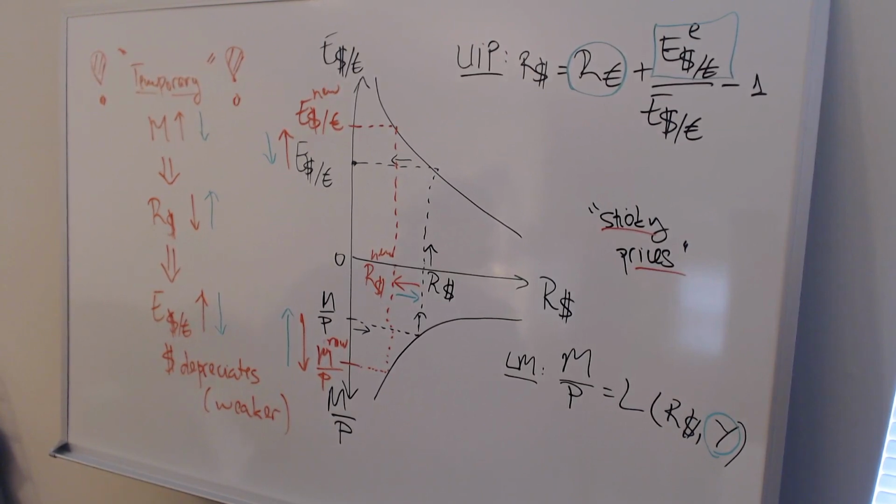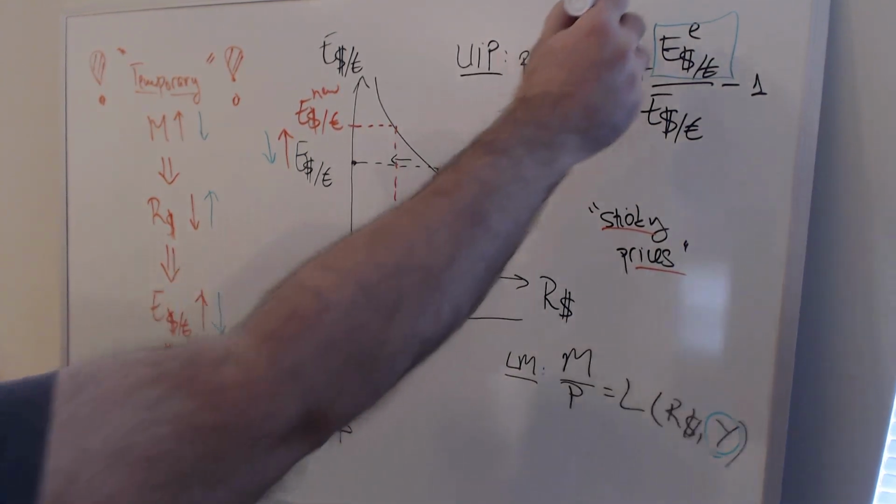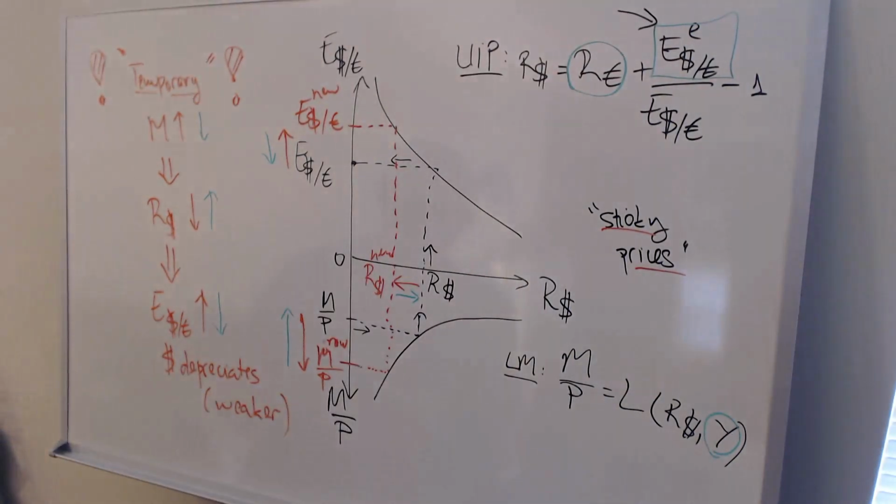The important point to note here is that throughout this exercise, we kept expectations about the level of the nominal exchange rate in 1 year's time fixed. The reasoning is that if this change in money supply is temporary, maybe you should think about it in terms of days or weeks, then there should be no consequence of this temporary change on the level of the exchange rate in 1 year's time.